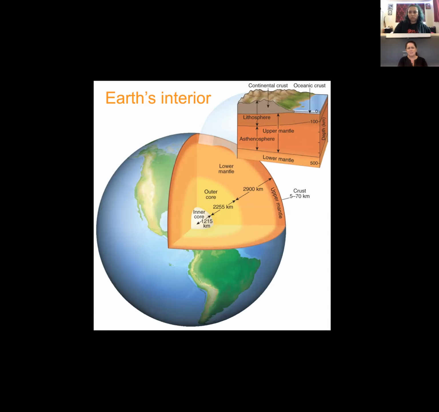Although the asthenosphere is a lot more viscous than jelly. The lower mantle, even though it's deeper and hotter than the upper part of the mantle, is solid. It's completely solid because the pressure overcomes the temperature, basically. The pressure is too high, it suppresses the melting.